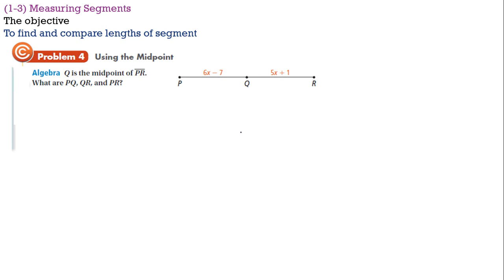Let's see the application for this one. Now Q is the midpoint of PR. So this is the midpoint. That means this one is equal to this one, right? Now they are asking you what are PQ, QR, and PR.